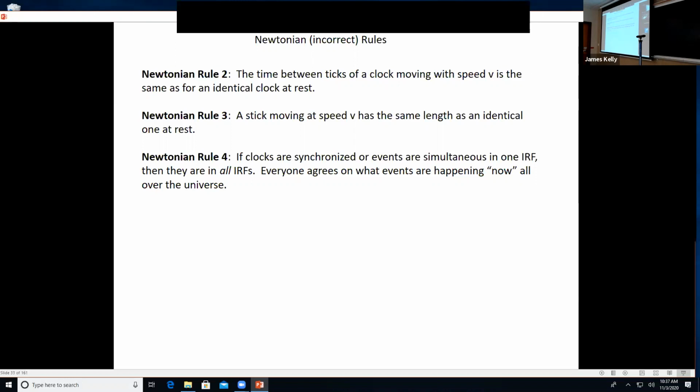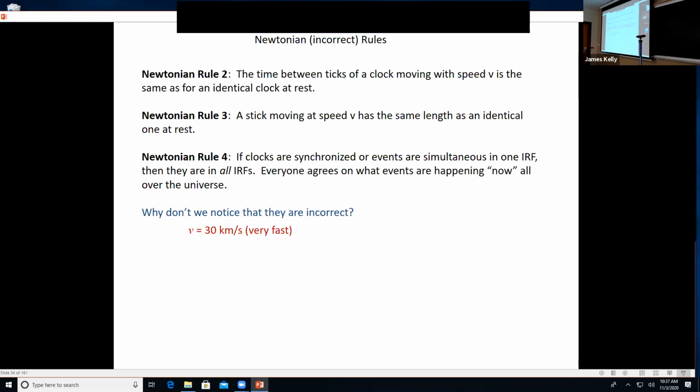So Newtonian rule 2 would say the time between ticks of a clock is the same for everybody. That's absolute or universal time. Newtonian rule 3 is a stick moving along its length has the same length for everyone. Newtonian rule 4, if clocks are synchronized in one frame, they're synchronized according to everyone in every frame. The obvious kind of stuff.